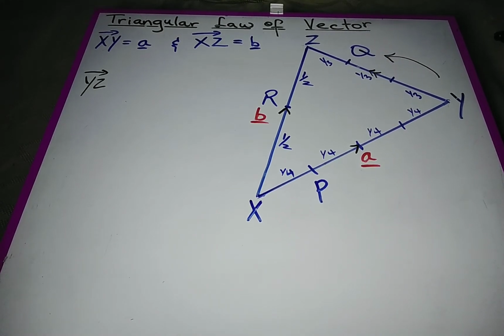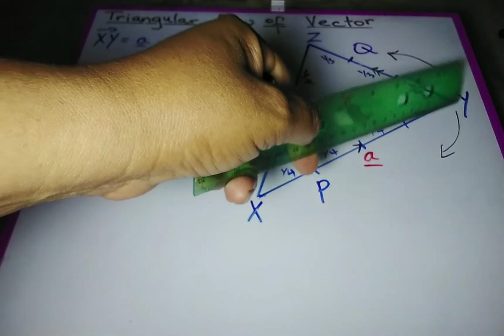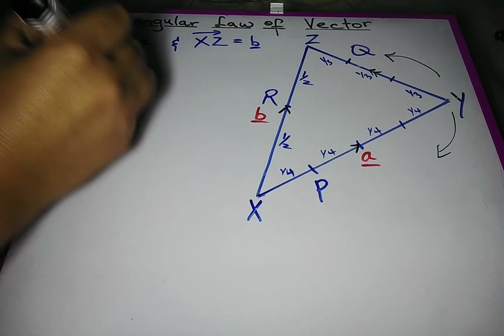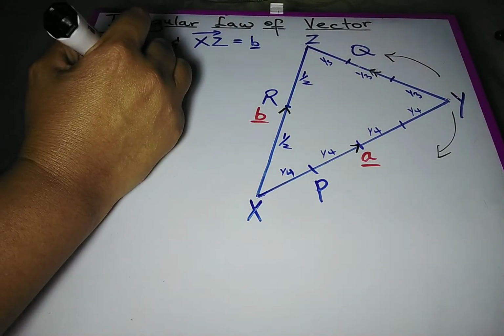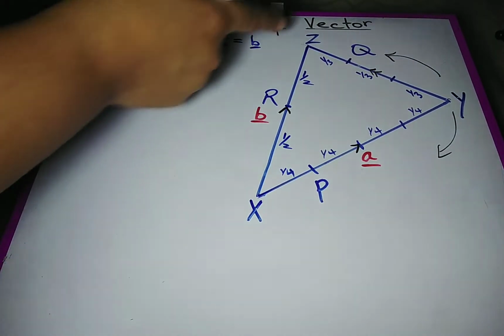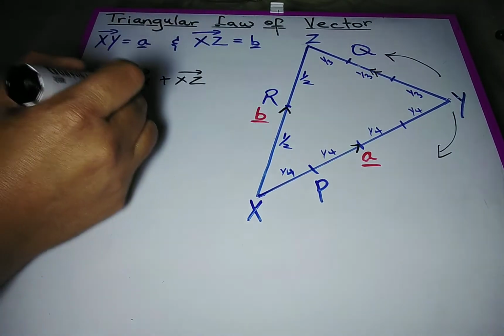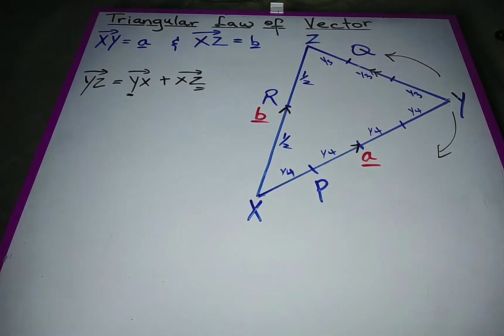To calculate the magnitude of vector YZ, we have to go clockwise in the opposite direction. It makes sense because if we're starting with Y and ending with Z, the first vector must start with Y. So YX is the first vector, vector YX plus XZ.